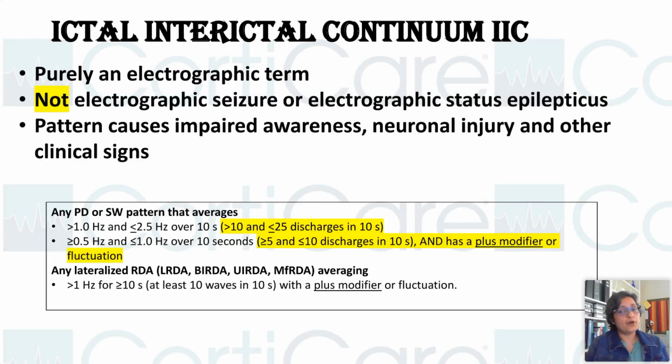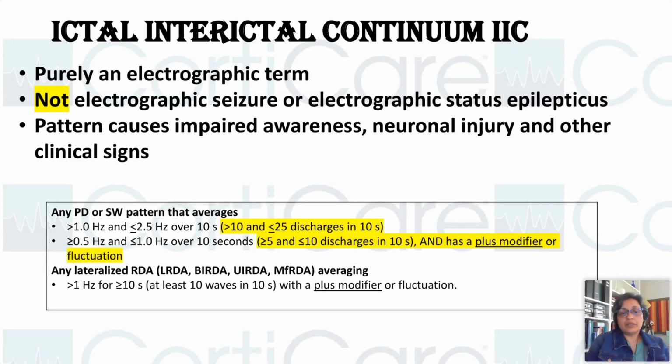That's why counting them in 10 seconds is important if you're unsure whether to mark it as an event or not an event. If they are appearing with a plus modifier, and if they are fluctuating, but they are still less than 10 per second, then they are going to go into IIC.